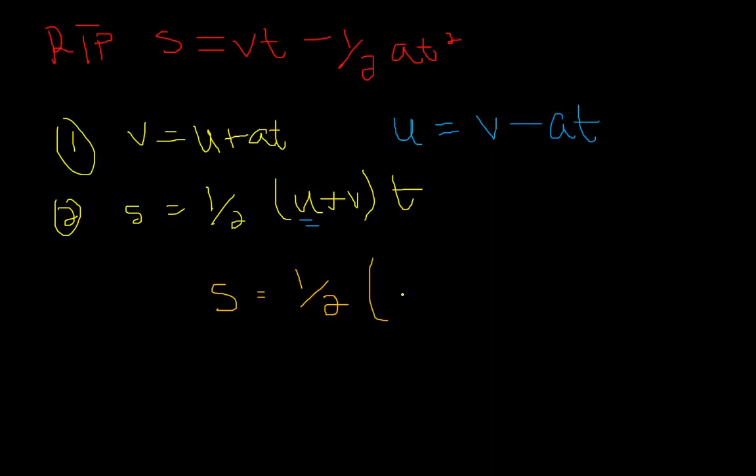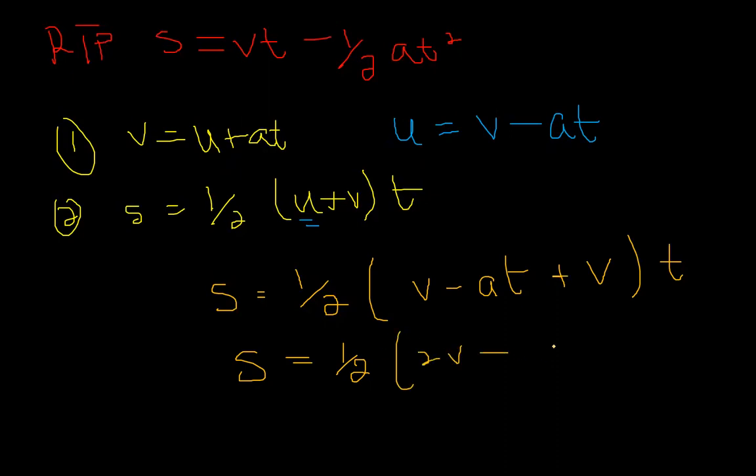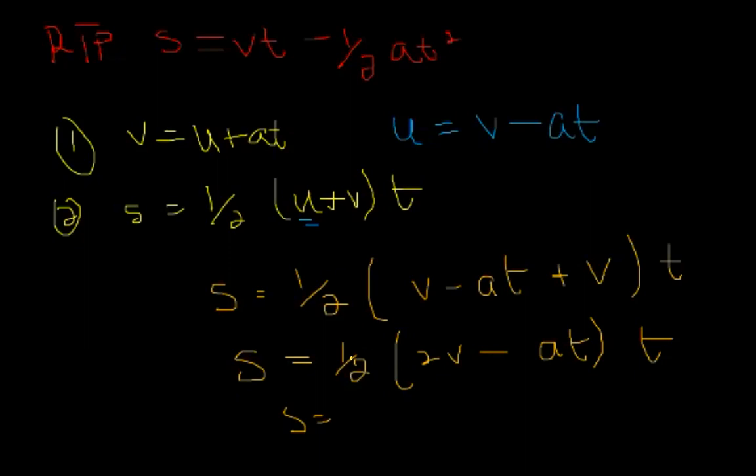So this would become a half, V minus AT plus V, by T. Simplify. V plus V is 2V, right? So 2V minus AT. Multiplying by the T, expand this bracket.